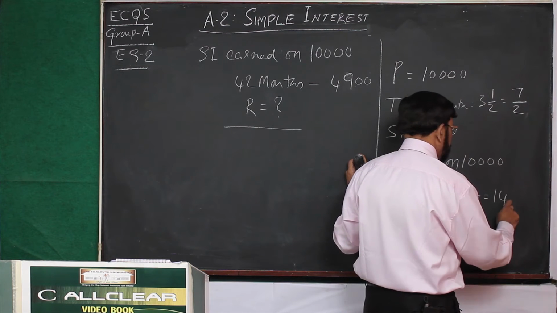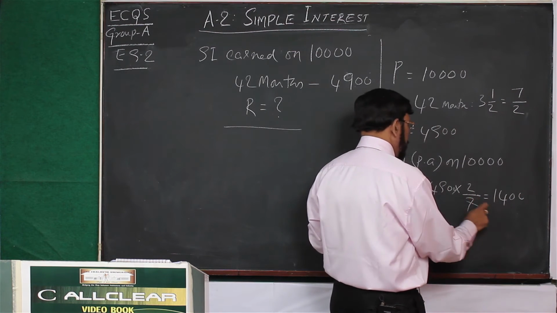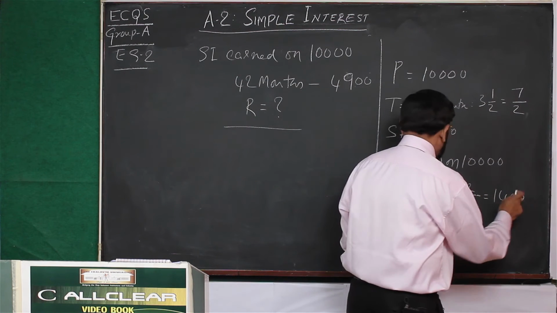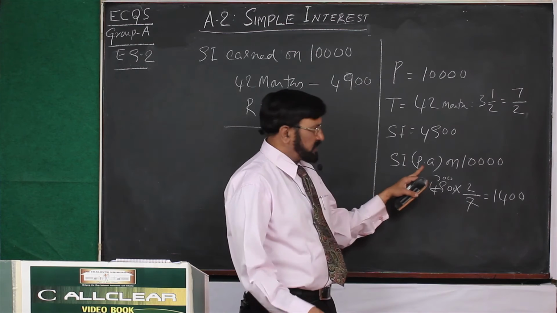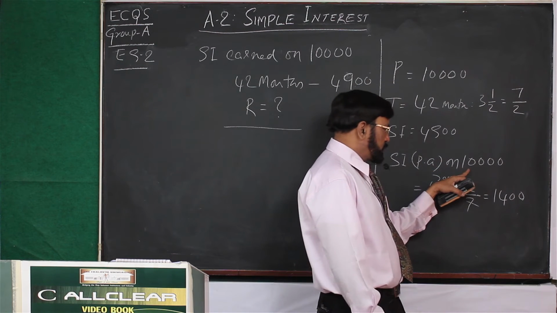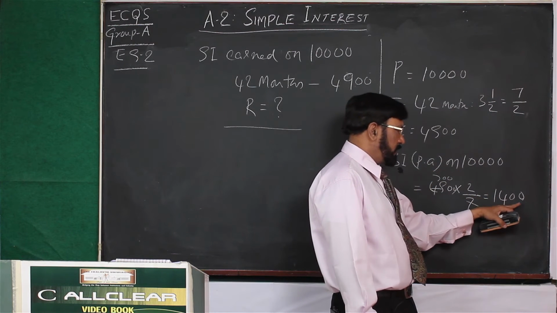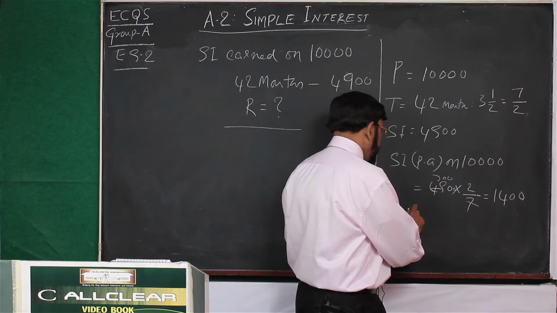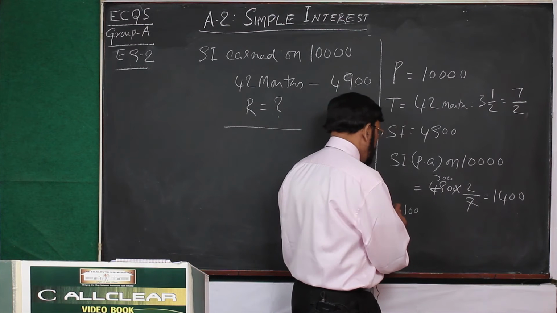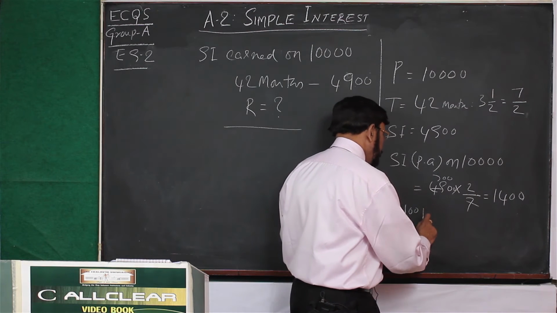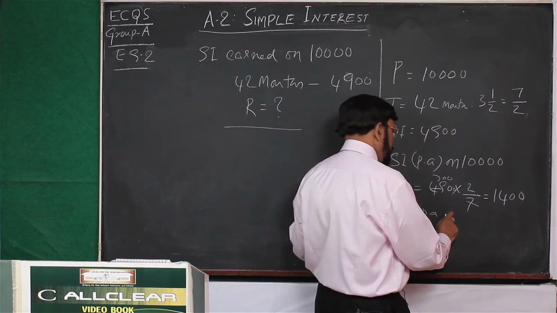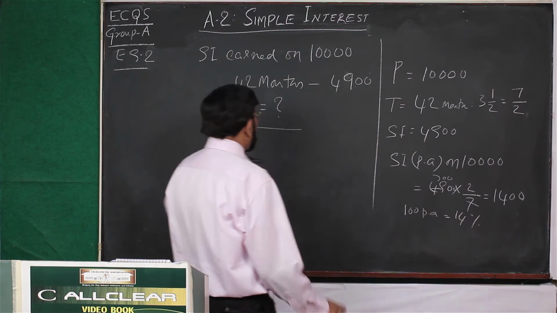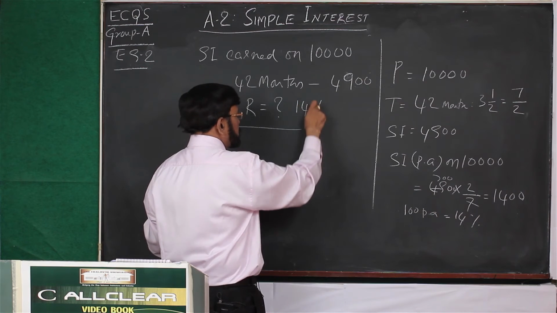This is 1,400. This is 700 into 2, 1,400. So, just consider this. For 10,000 rupees per annum, 1,400, per 100 per annum should be 14. So, rate of interest is 14%.